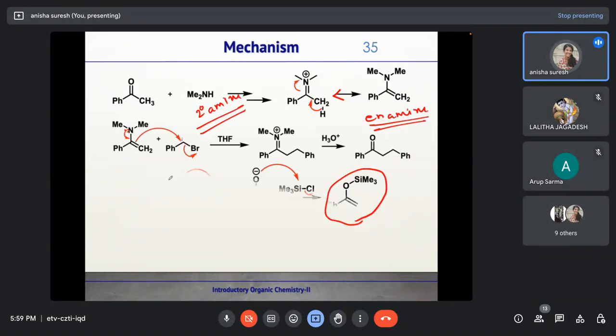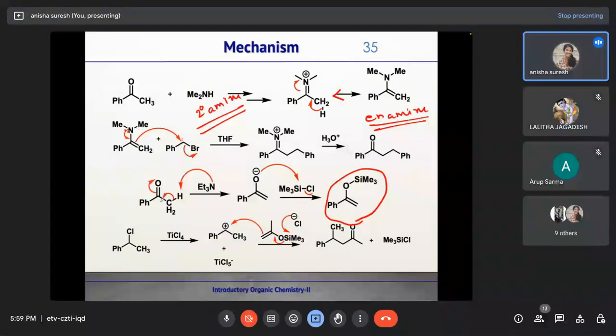Now we will see the final one. So here we are having this chloride and TiCl4. So this Cl will coordinate with TiCl4 and it will get removed as TiCl5 minus. So here a carbocation will be generated.